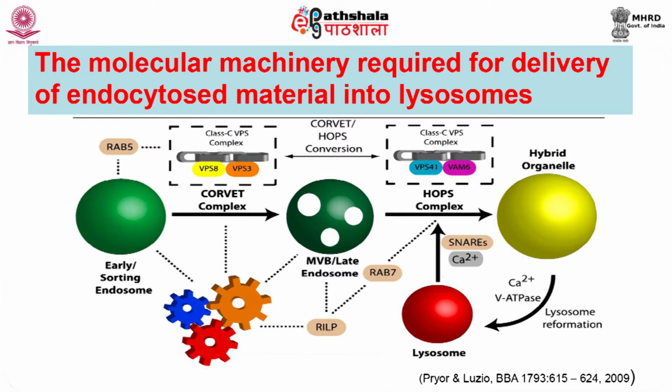Membrane proteins are sorted for efficient degradation by the lysosomes, and the sorting is carried out with the help of ESCRT complexes. Finally, membrane fusion occurs between MVB and lysosomes, which is a SNARE dependent process. Formation of a hybrid organelle and reformation of lysosome both are calcium dependent processes. So this is all about endocytosis.